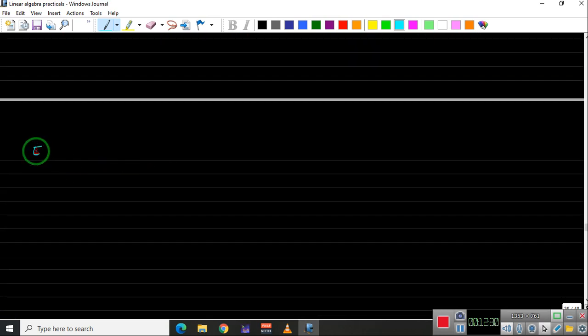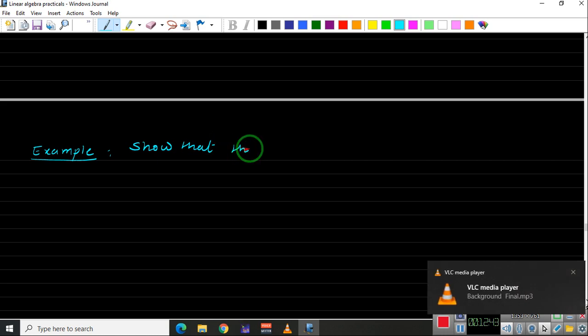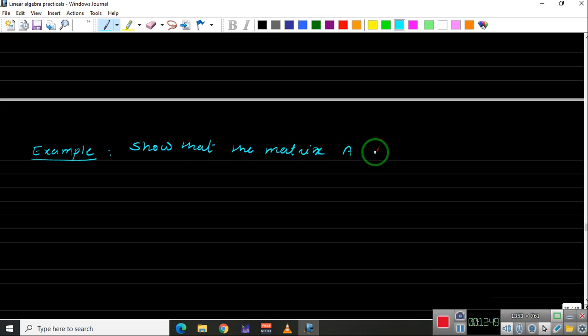Example: show that the matrix A is diagonalizable.